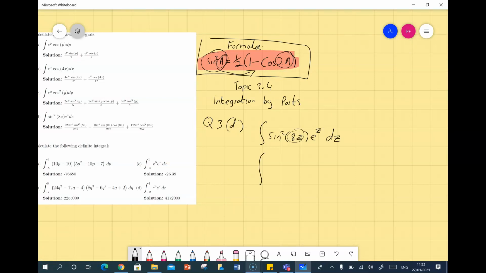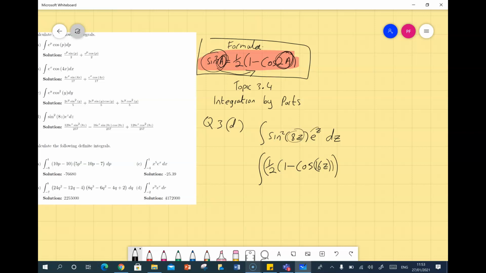So I rewrite it. Sine squared 8z will be a half, 1 minus the cosine, and it's of 2 times whatever angle. So I've got 8z here, so it's 2 times 8z, which is 16z. Make sure I have all my brackets in place.